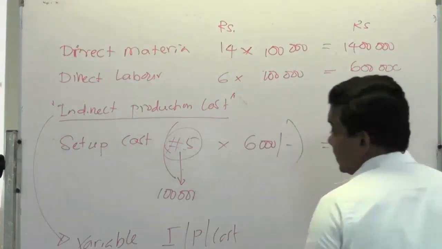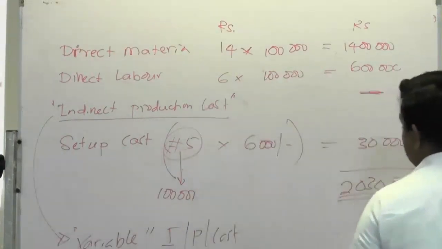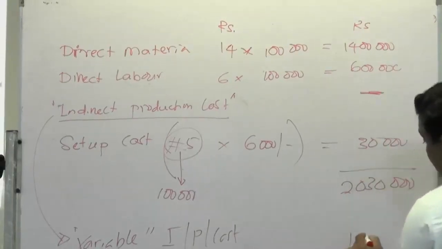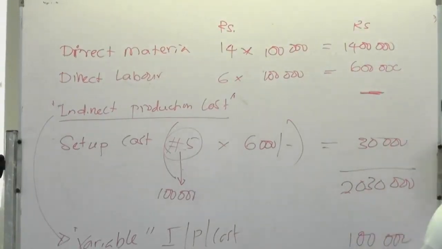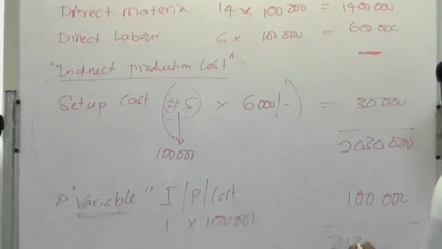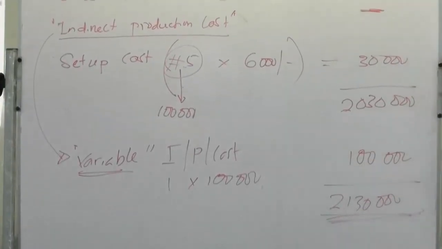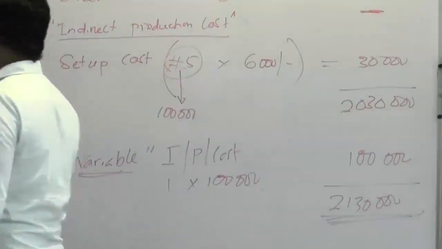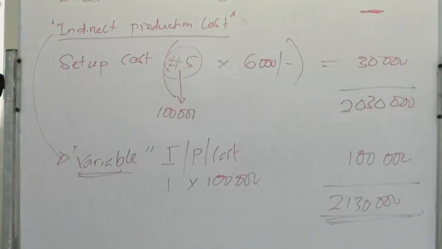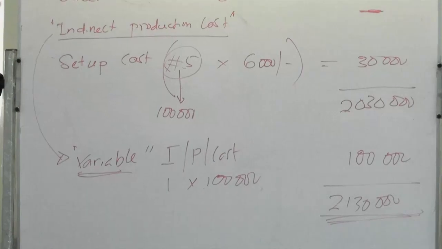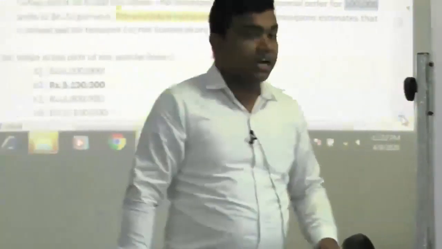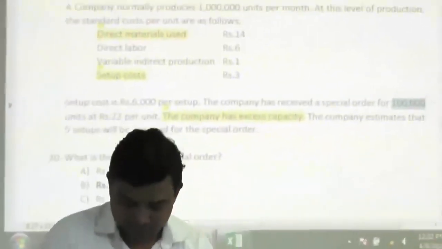This needs to be considered since it is variable. Since it is variable, you have an additional cost of 100,000 to the production. Therefore 2.13 million is the total production cost. Now you can see answer B clearly mentioned 2.13 million is the total production cost of the job.